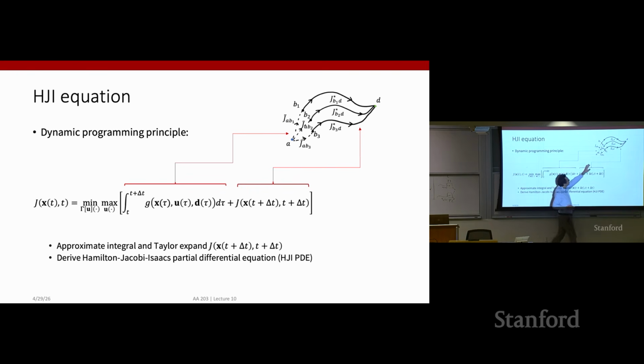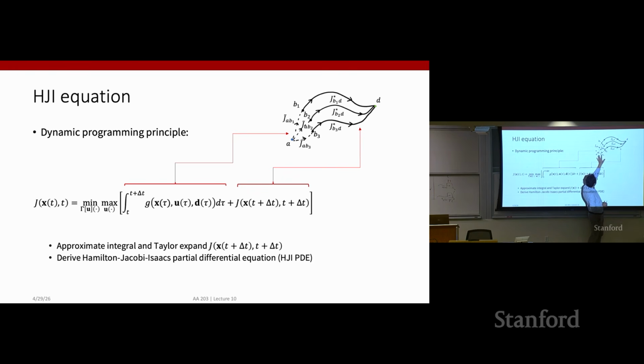This is represented notionally by the drawing here, where I'm showing that if I give you the optimal solution for the tail problem, starting at time t plus delta t, a state x at t plus delta t, you don't need to reason about control sequences that do something else, starting from point B3 or point B2 or point B1.